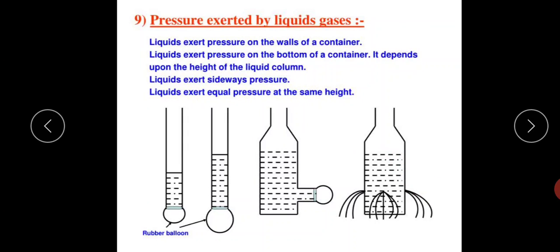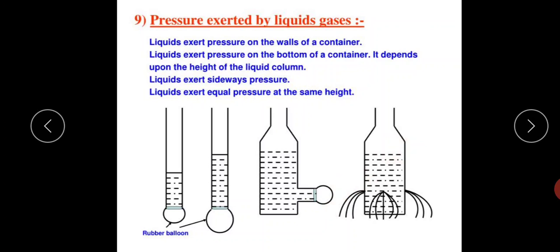If you make the hole at level 3, it may be a bit broader, and at 5, it will be much heavier. Why? Because liquids exert more pressure at the bottom compared to the top. So the pressure at the bottom is more.